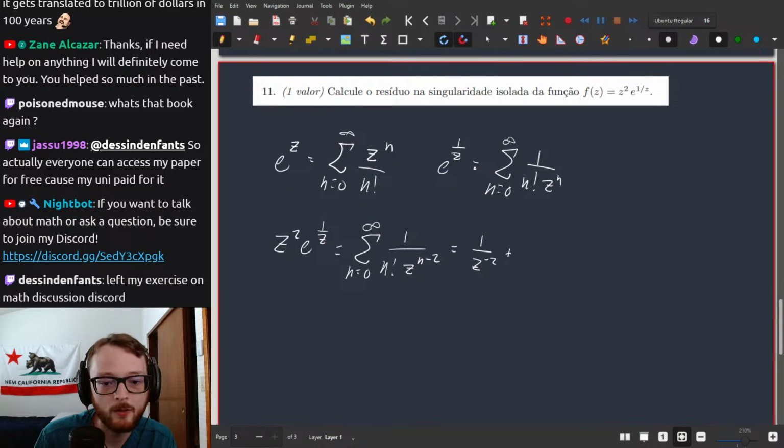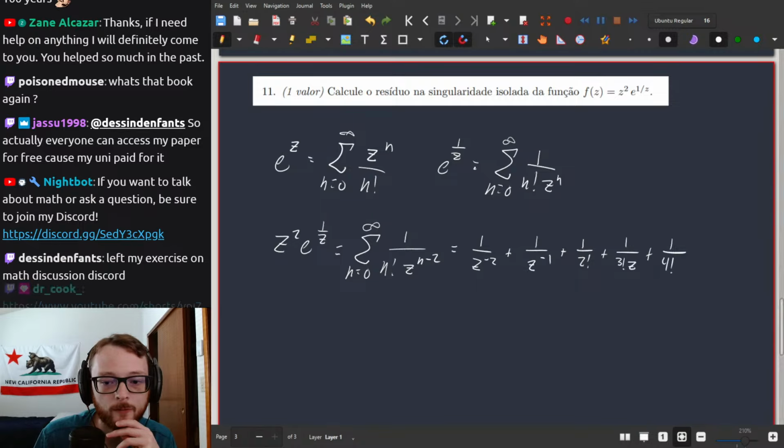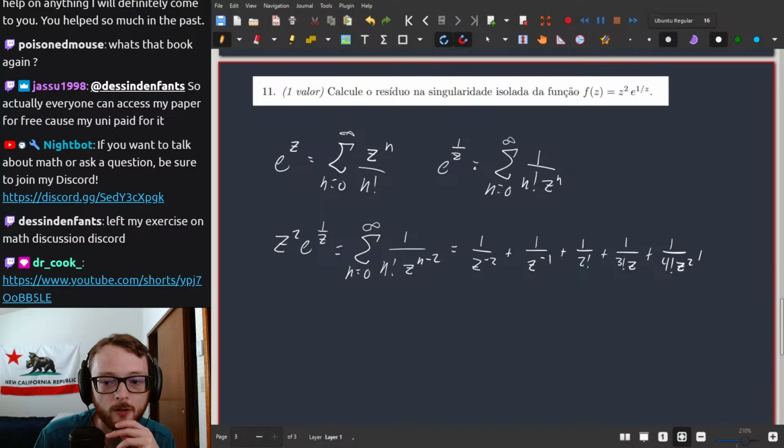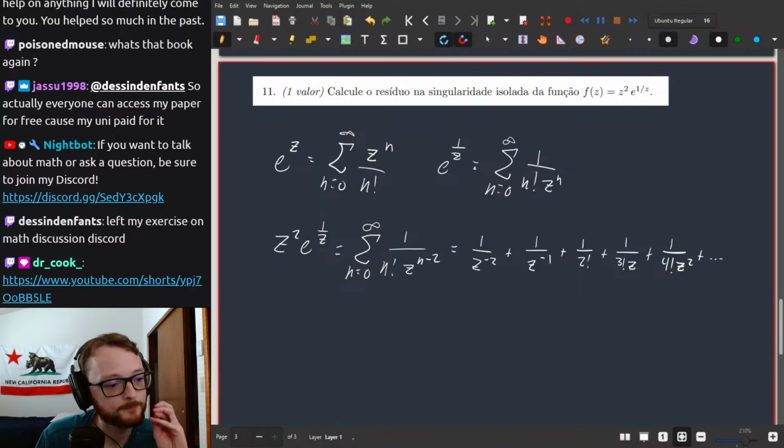Okay. Next term is 1 over z to the minus 1. Next one is 1 over 2 factorial. The next one is 1 over 3 factorial z. 1 over 4 factorial z squared plus dot dot dot. Okay.